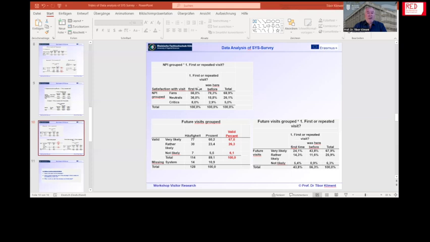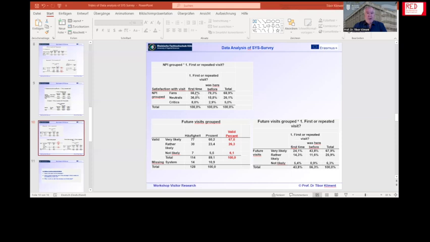So we can say that first-time visitors are less satisfied than regular visitors. Of course, this is not surprising because the regular visitors know the festival, they know the movies, they know what they can expect.